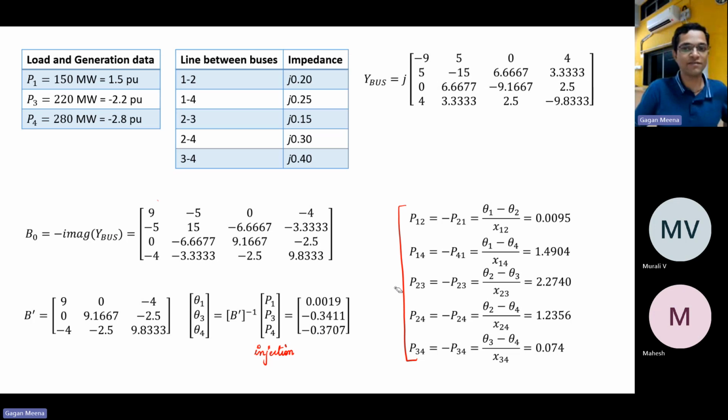For LODF, this matrix B dash is very important. We need this matrix, so calculate it very carefully. This is one method, using the Y-bus matrix. Another we discussed last time, right?